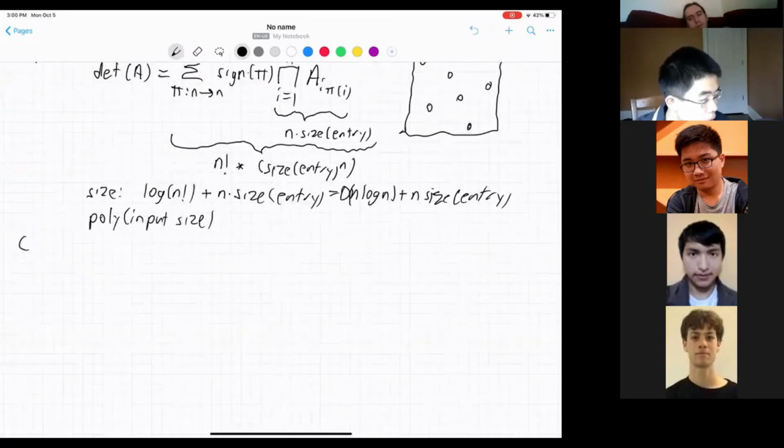All right, so now, as a corollary, we know that the inverse of a matrix can be written as 1 over the determinant times the cofactor matrix.